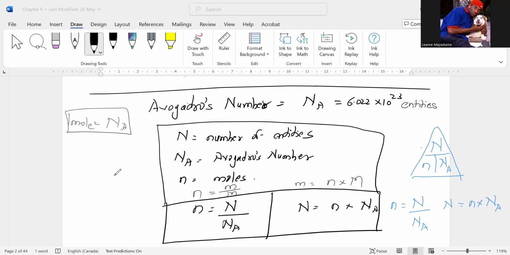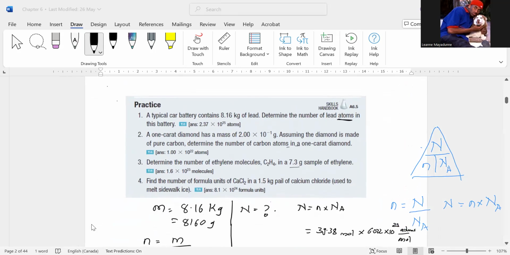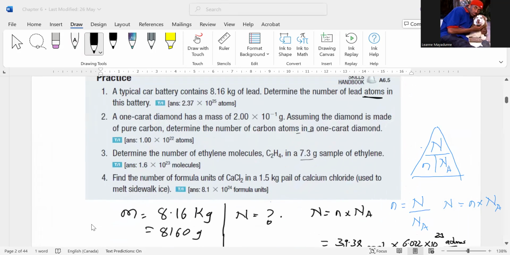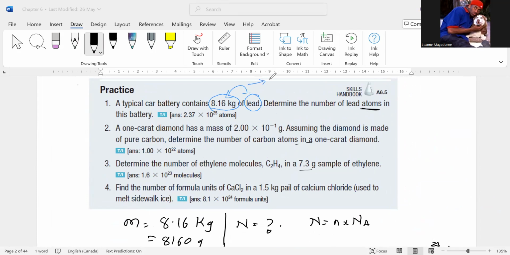Now, there are some questions. Can you try to solve these now? So, okay, now pay attention over here. You have been given the mass. You know the entity, the element. So from these two pieces of information, you can find out the moles, correct?